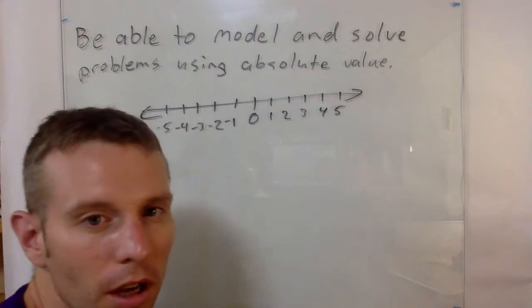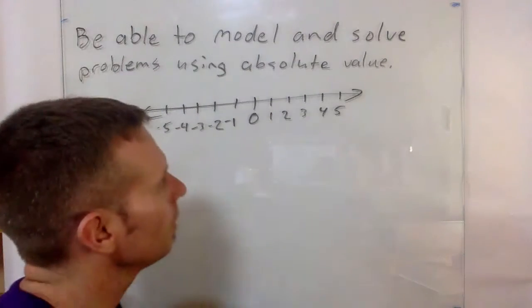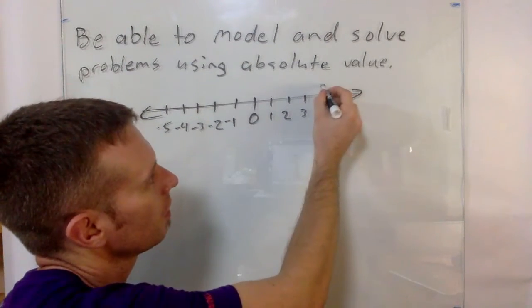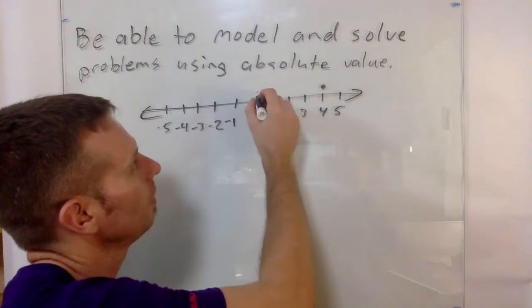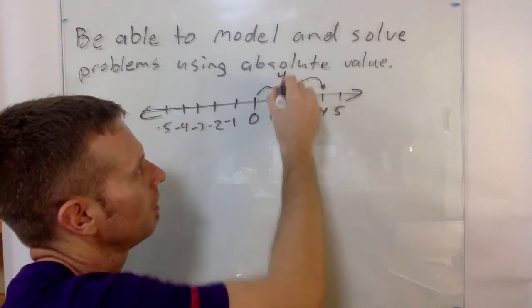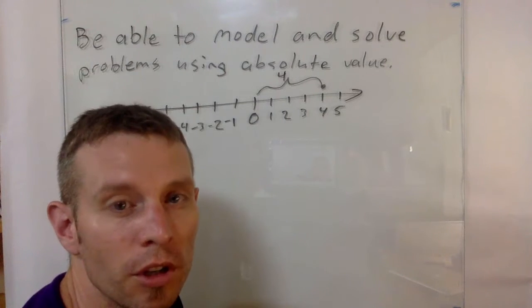Okay, so pretty simple. If I'm at 4, I am how many units away from 0? Well, obviously I'm 4 units away.